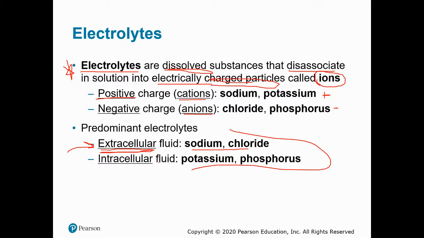So is that inside the cell or outside the cell? Extracellular is outside the cell, so sodium and chloride are the major extracellular electrolytes. Sodium is a cation, chloride is an anion. And then potassium and phosphorus are the major intracellular electrolytes, meaning they're found inside of the cells, inside of cell fluid.